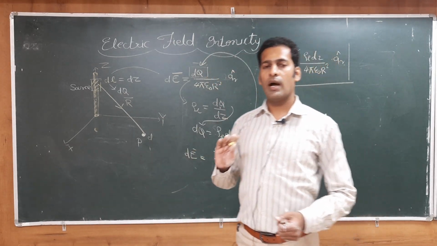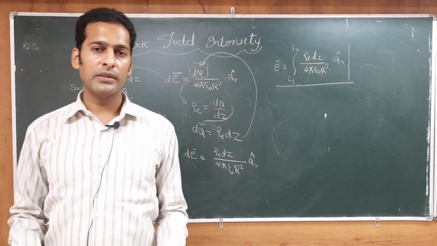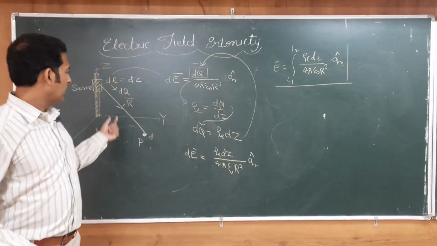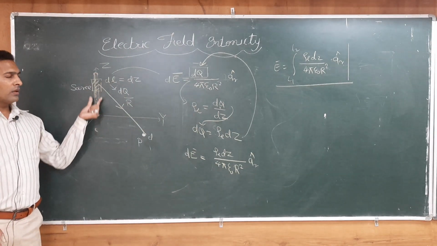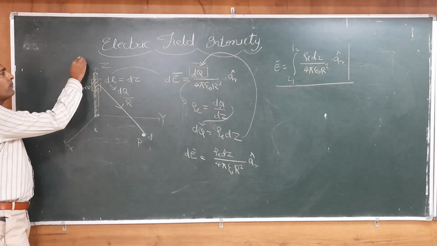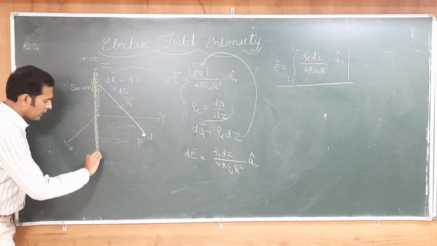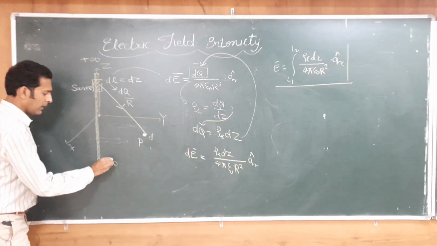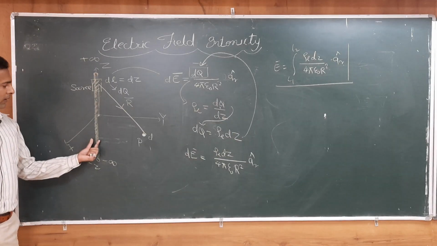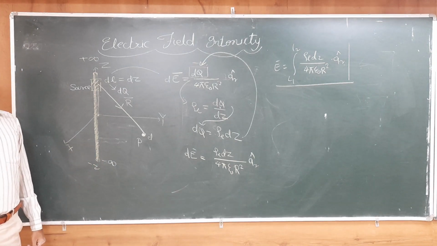An infinite line charge applies electric field strength in the surrounding region, and we have to calculate that value. So let us imagine that this conductor does not have a finite length. It extends from positive infinity on the z axis to negative infinity on the negative z axis, so my conductor is present all over the z axis to infinity.